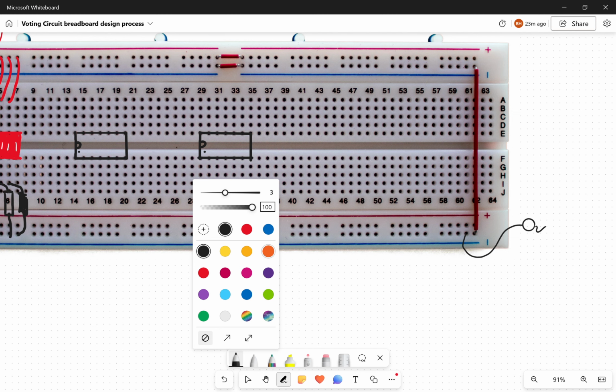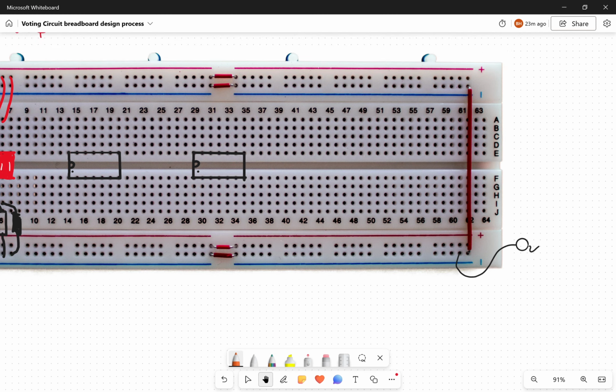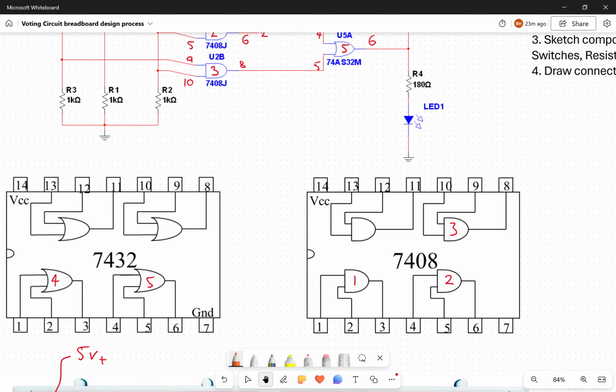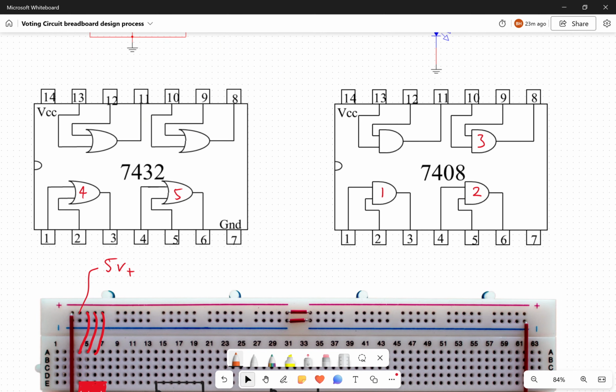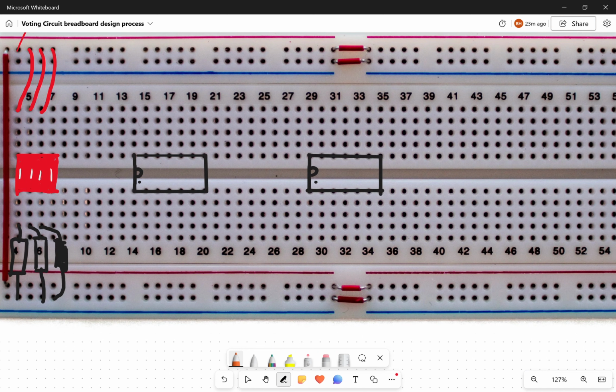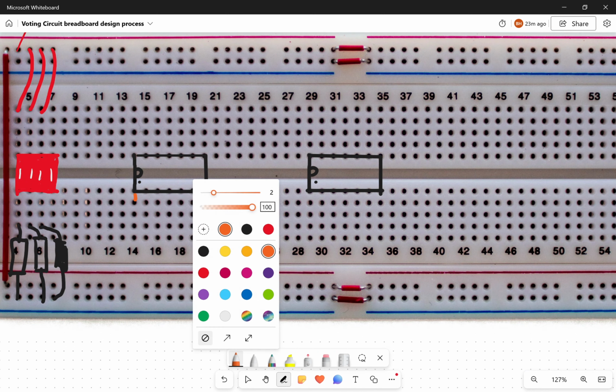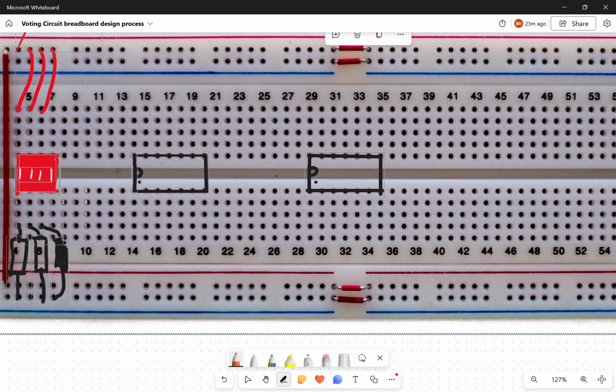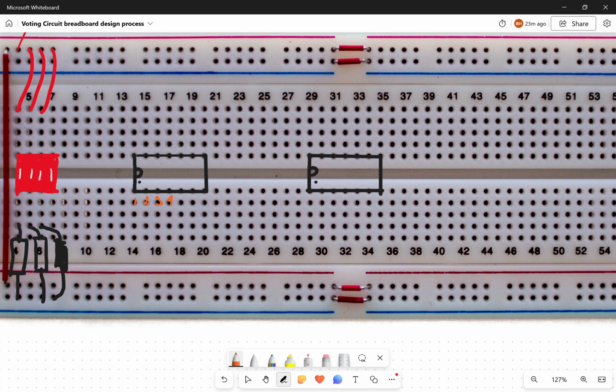Now what we're also going to do is, as we've labelled your circuit diagram and our pinout diagrams have got labels on, we're going to do the same thing for these to make our life easier, so we know where our wires are going to go. So we're going to label these up following the pattern. So it is 1, 2, 3, 4, 5, 6, 7, 8, 9, 10, 11, 12, 13, 14.